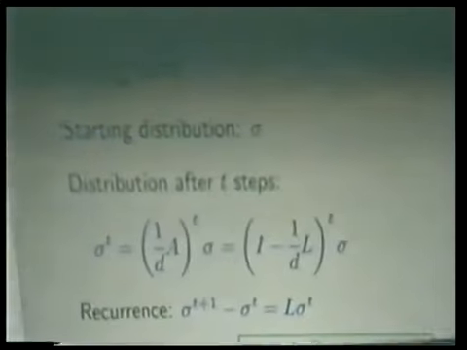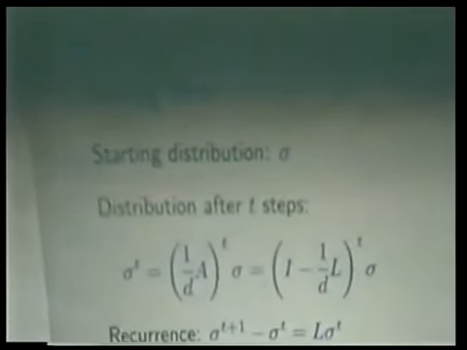I call this the mixing time without exactly defining what the mixing time is, because we would get into troubles of how you measure convergence and so on. So let me just somewhat informally say that mixing time is the number of steps you need in order to get close to the stationary distribution. It turns out that it's a pretty robust number, so various versions are not very far apart.